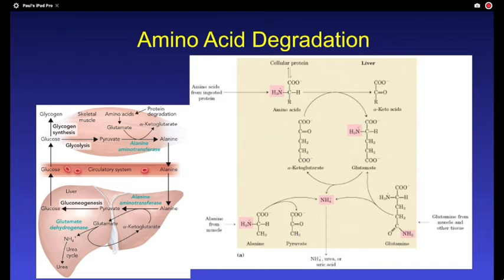In terms of actually getting rid of it, the glutamate will react to release the free amine, and this can't go over a certain concentration, which then gets produced into urea. The alanine is what's coming from the muscle cell if I'm breaking down protein in muscle, and we can also release glutamine, which is not shown, from the muscle itself, and allow the amines to be carried to the liver there.